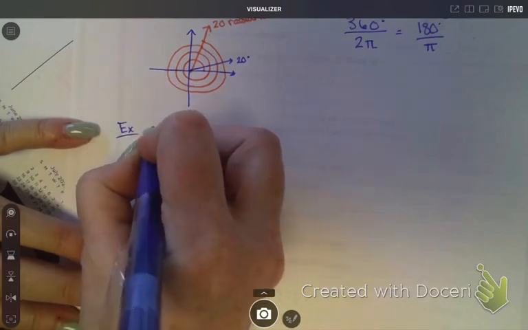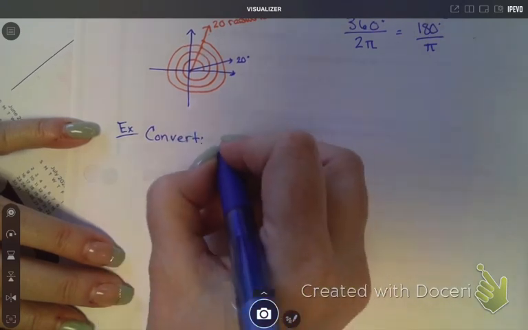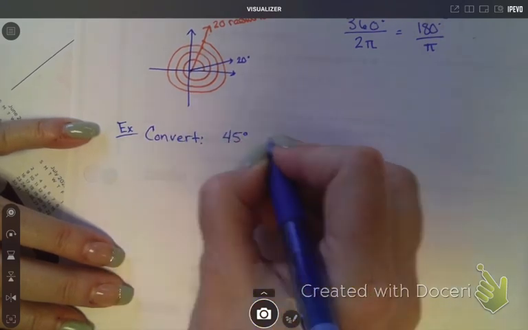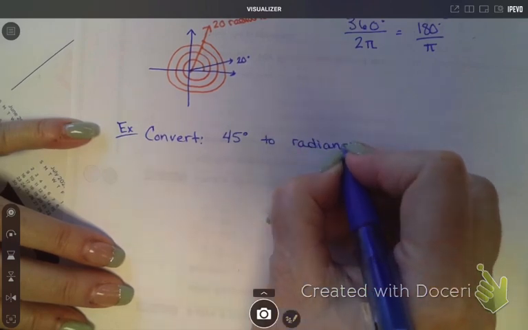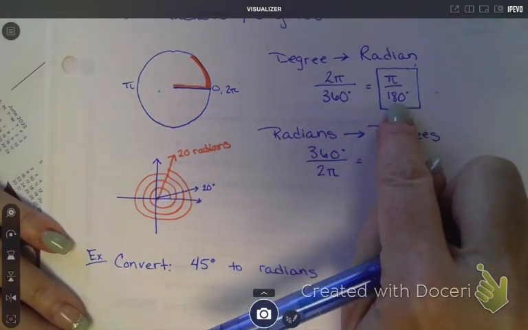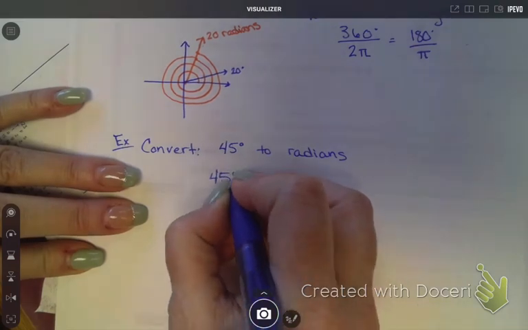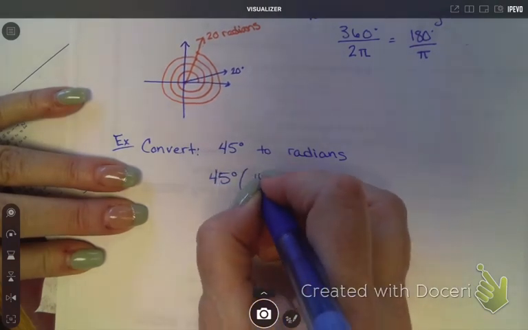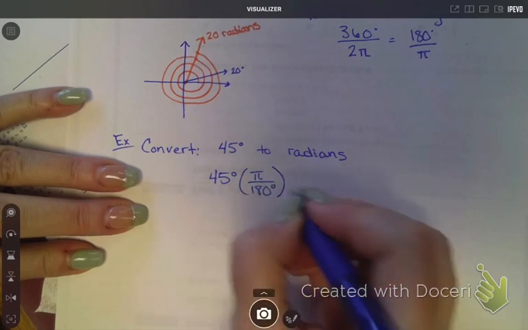So convert 45 degrees to radians. My conversion factor from degrees to radians is pi over 180. The easiest way to remember that is you take 45 degrees times pi over 180 degrees. Your units need to cross out.